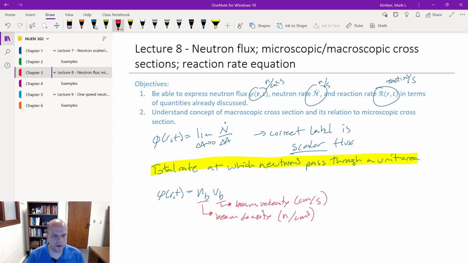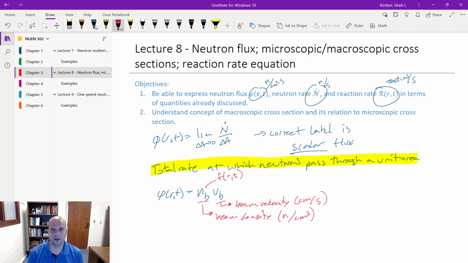And the beam density is also going to be a function, technically, of both space and time, just like that neutron flux is. And the beam speed, we should note, is not necessarily going to be one speed for all neutrons.